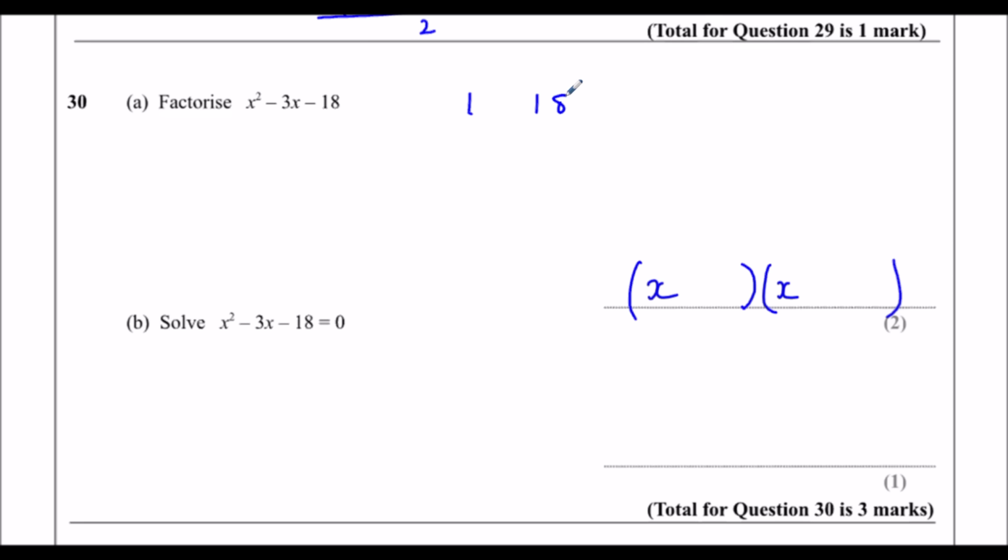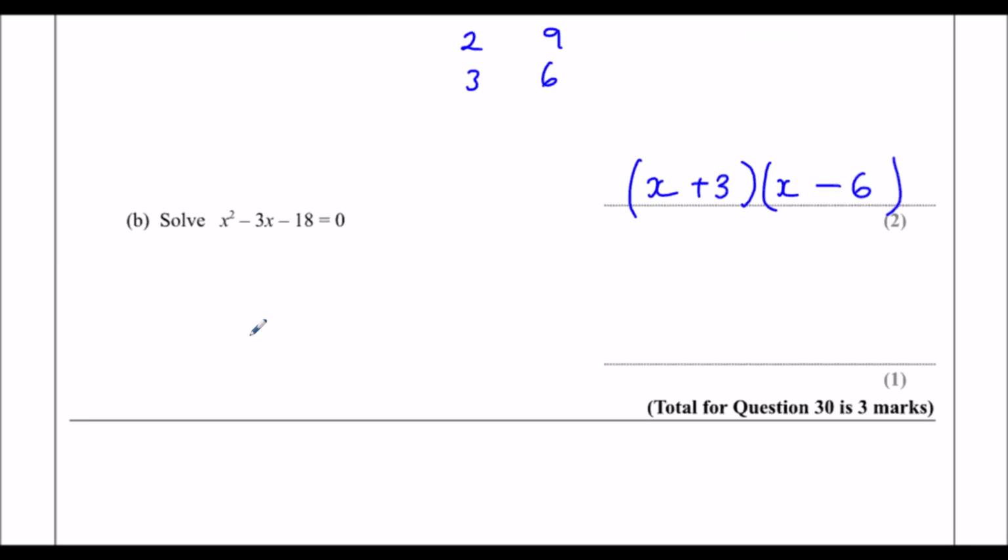So it can be 1 times 18, 2 9s, or 3 6s. And they have to add up to give a negative 3. So which of these can add to give a negative 3? It's going to have to be the 3 and the 6. So plus 3, take away 6.